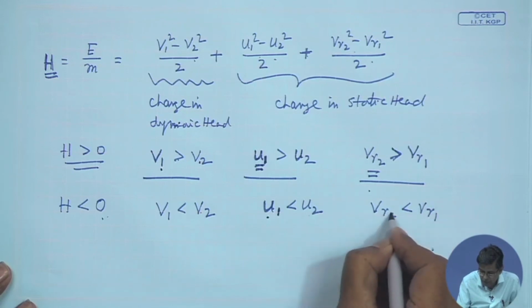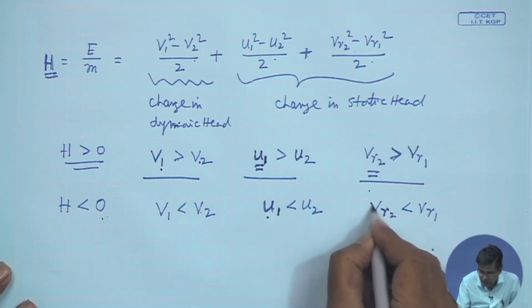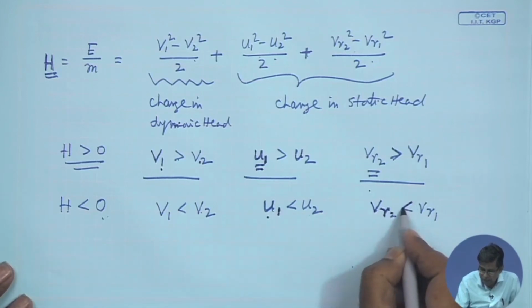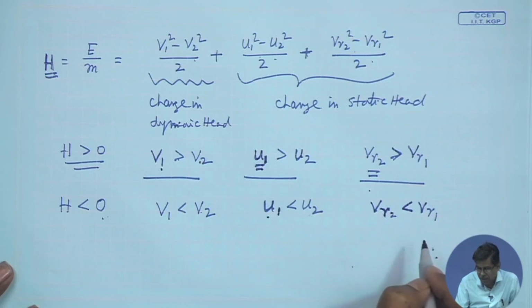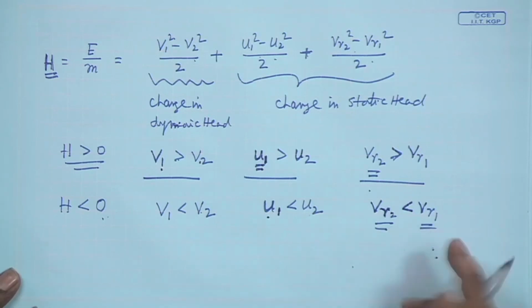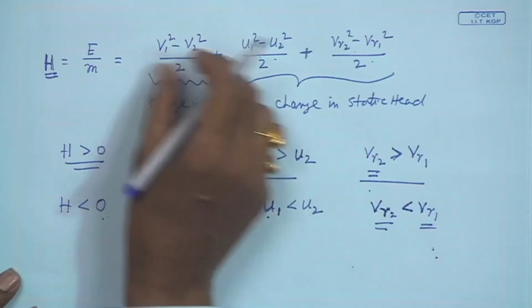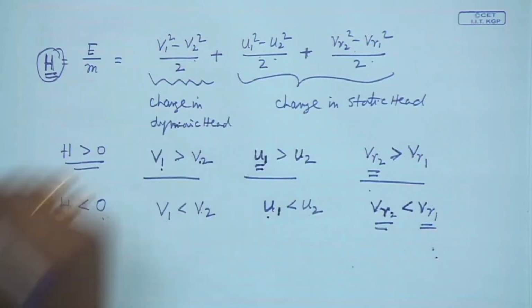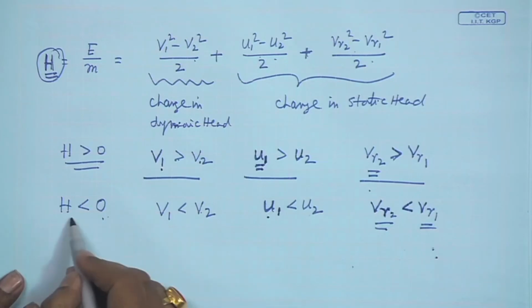That means the outlet relative velocity of the fluid will be less than the inlet relative velocity. That means the flow passages will be diverging ones, so that the outlet velocity relative to the fluid will be less than that at the inlet. So, all the terms will be negative and additive in nature, so that we get the total energy gained by the fluid.